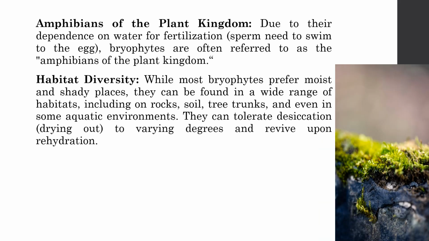As said before, these are amphibian plants. Due to their dependence on water and their moist and shady environment, fertilization takes place in water. That is, the sperm needs to swim towards the egg in the flow of water.